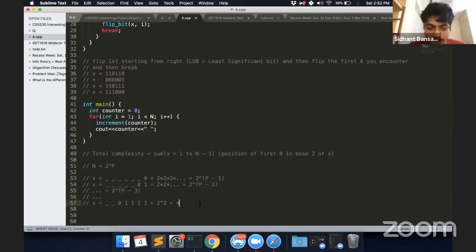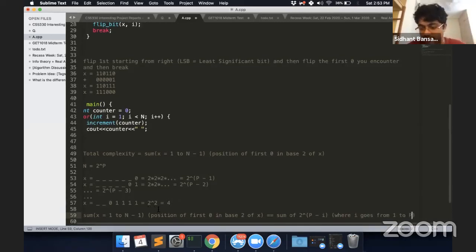Basically, I can write it once again here. This expression is equal to the sum of 2 to the power p minus I, where I goes from 1 to p.